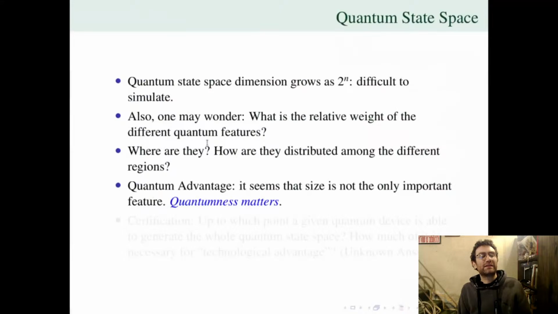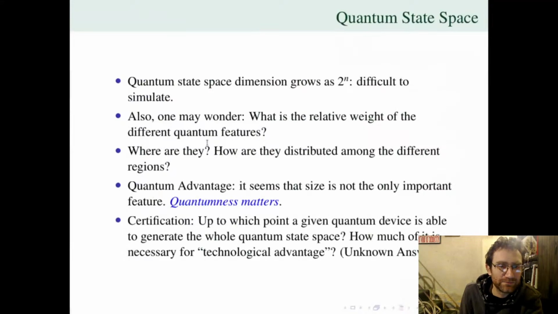And it seems that the size is not the only important feature. Quantumness matters because we believe, at least, that if you want to have some quantum advantage, you need to have some entanglement, some non-locality, some contextuality. But the problem is tricky.